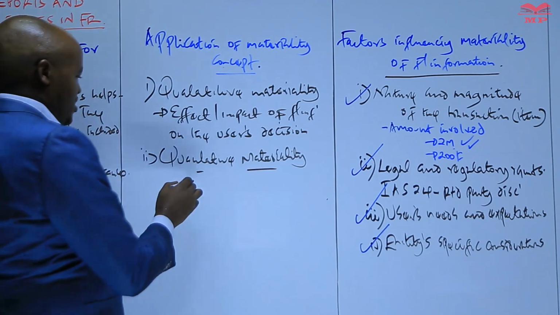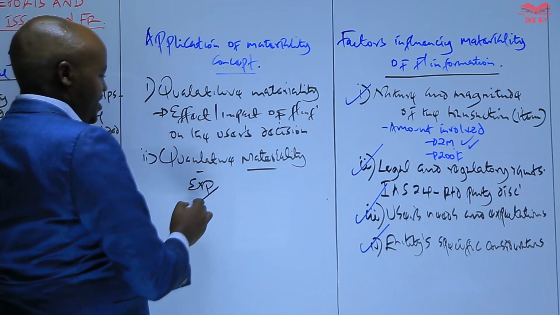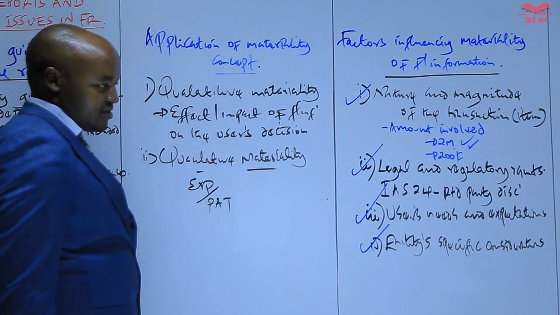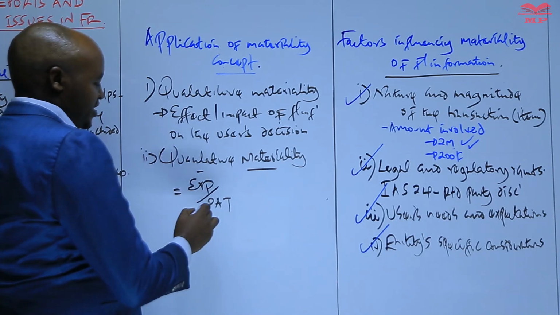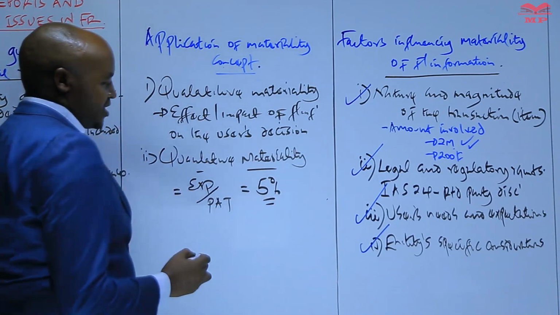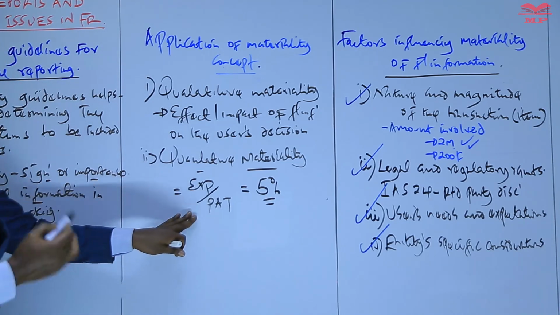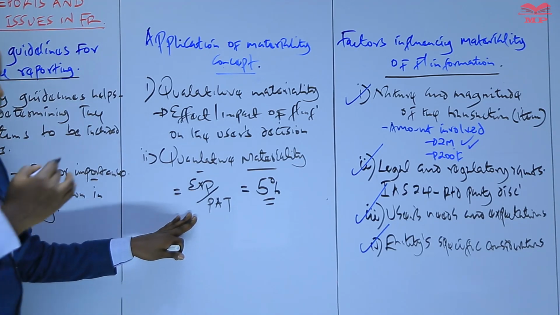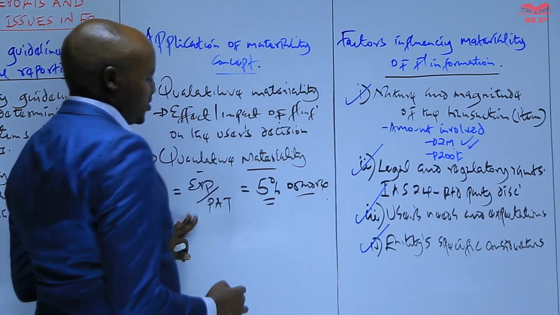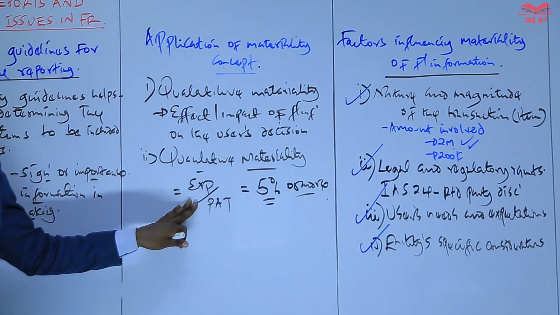For example, an expense can be expressed as a percentage of the profit after tax. An organization may have decided that if the percentage gotten is 5% or more, then such an expense is said to be material.